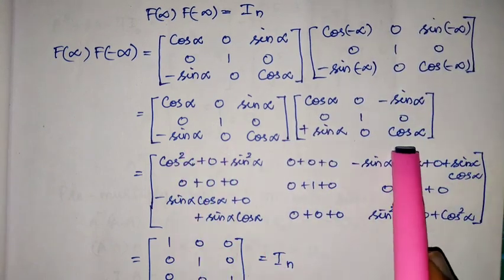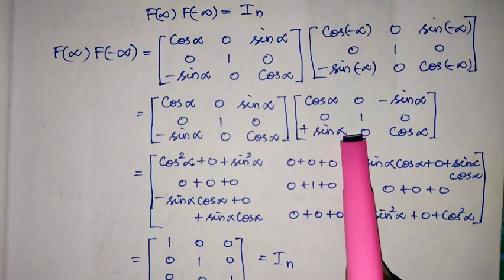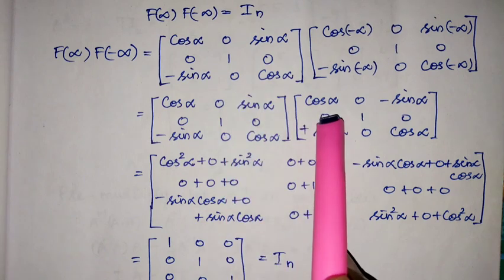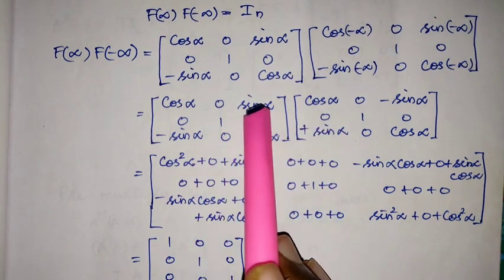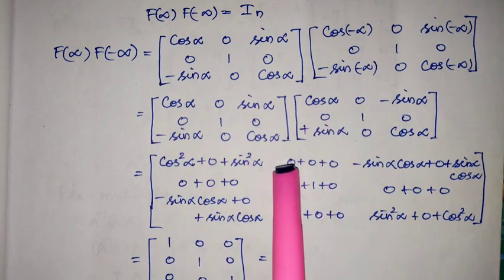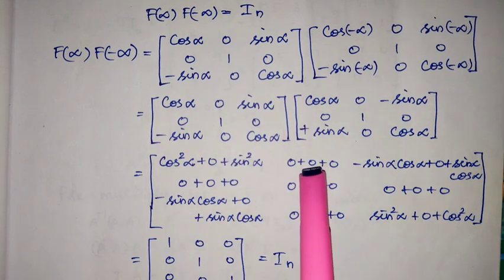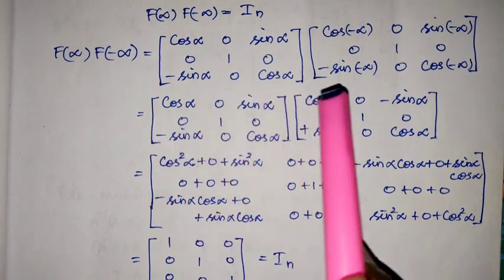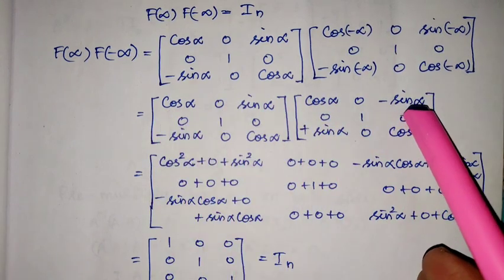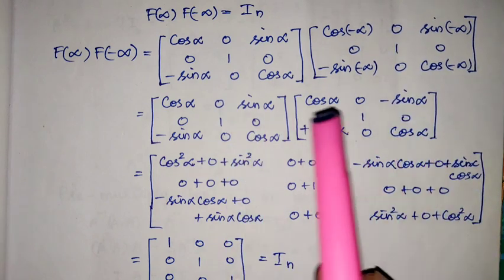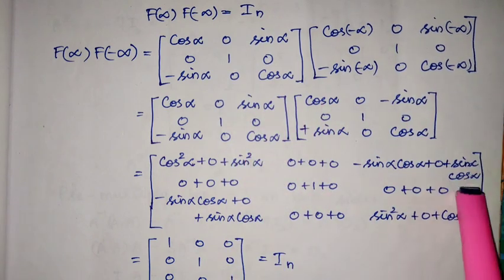Now we have to multiply the two matrices. So cos alpha into cos alpha is cos square alpha, 0 into 0 plus 0, sin alpha into sin alpha, sin square alpha. Then cos alpha into 0 is 0, 0 into 1 is 0, sin alpha into 0 is 0. Cos alpha into minus sin alpha is minus sin alpha cos alpha, 0 into 0 is 0, plus sin into cos is sin alpha cos alpha.